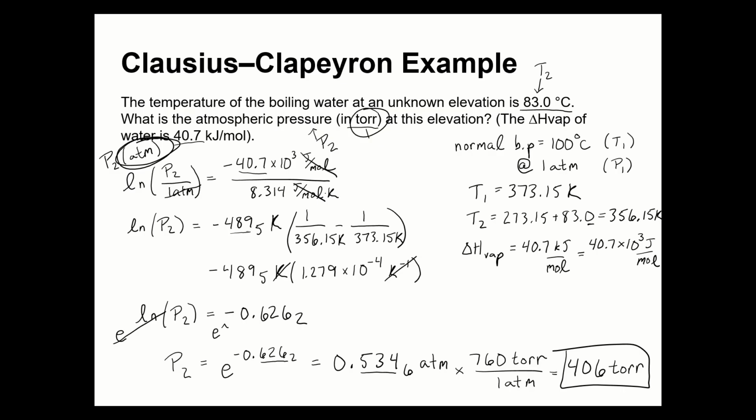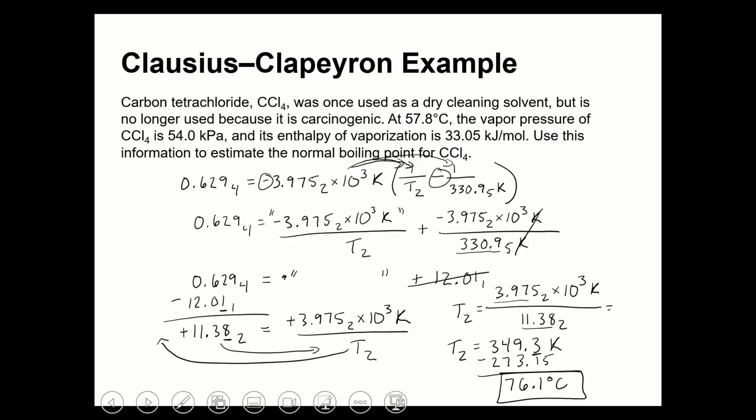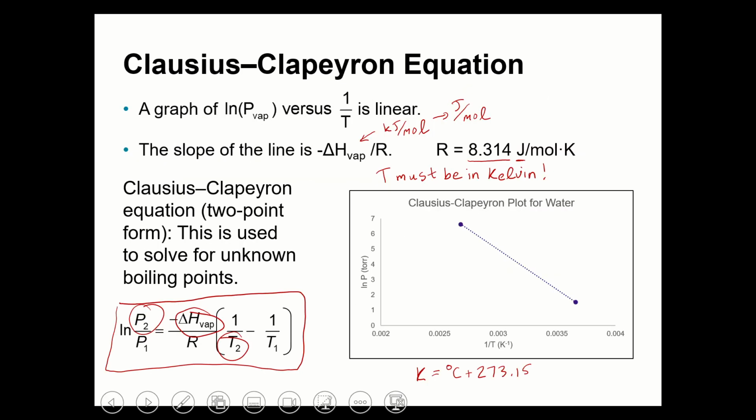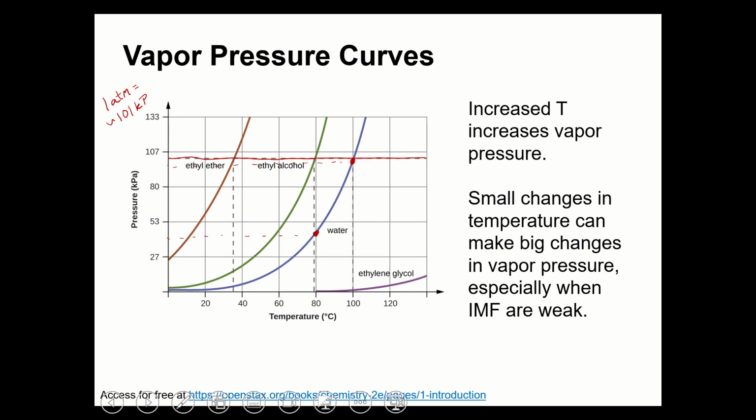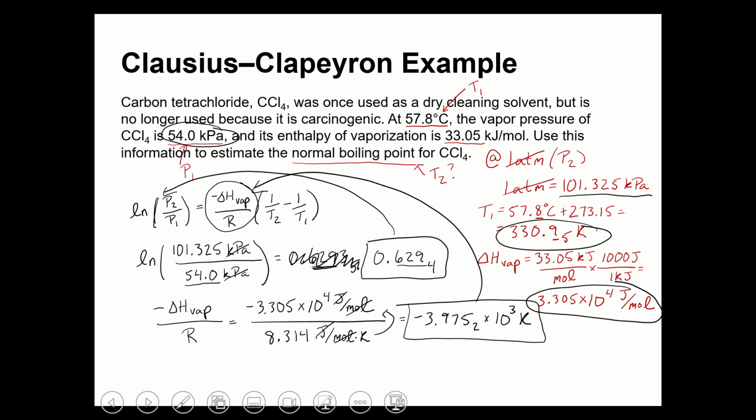Okay, and the last thing before we finish up with this topic is just always make sure to check your gut based on what you think is supposed to happen. So if we go back to these graphs, remember, as temperature increases, pressure should increase as well. Okay, so if I look here at this first example, we've got T1 and T2 and P1 and P2.